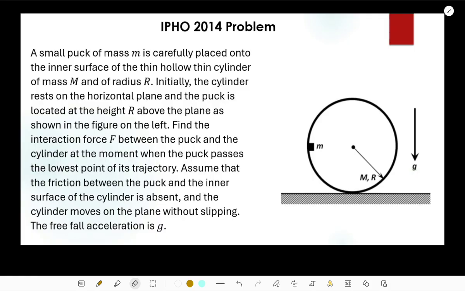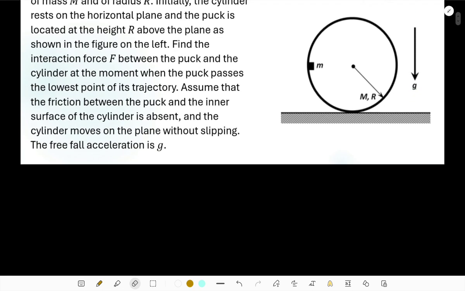Now we need to complete the free body diagram of the cylinder and the puck at a later moment, and I'm willing to draw a diagram for this.